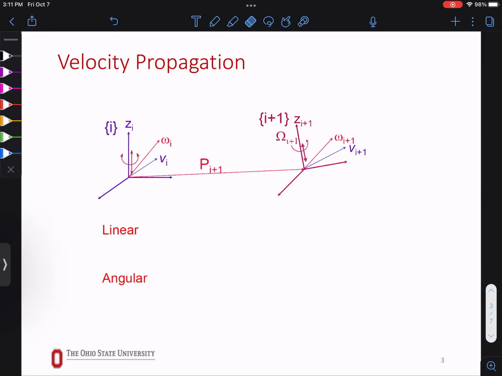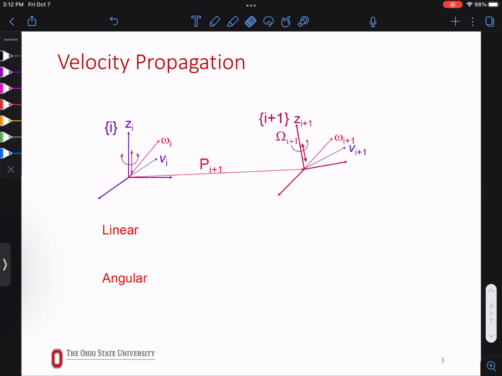Then the other joint will be joint i plus 1. We have omega i plus 1 for the rotational velocity of that joint, and vi plus 1, the linear velocity of that joint. Now, omega i plus 1 and vi plus 1 are impacted by this. So there will be a trace of vi and omega i in that.